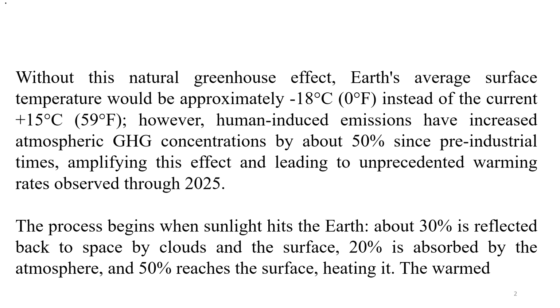The Earth then releases this energy back as longwave infrared radiation. Greenhouse gases absorb the outgoing infrared radiation and re-emit it in all directions, including back towards Earth's surface. This creates a warming blanket effect.